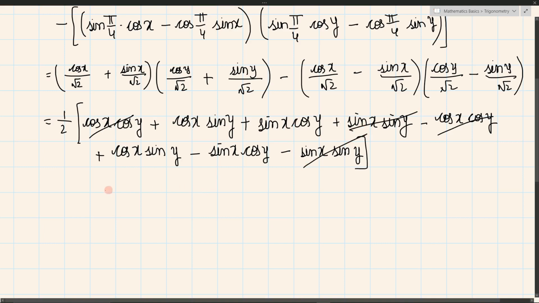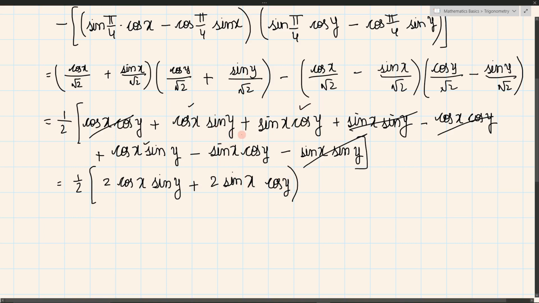So the remaining terms are 1 by 2 into 2 cos x sin y plus 2 sin x cos y. This is also positive because we have minus and minus giving plus.